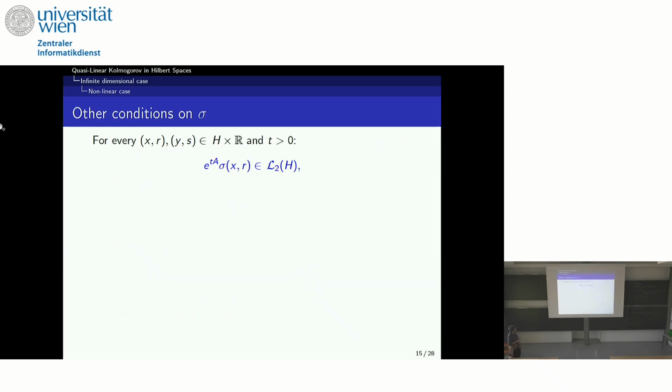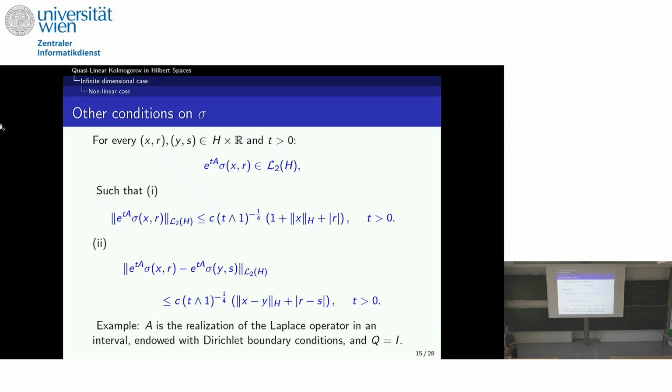Moreover, we ask on sigma not only the particular shape of sigma star, but also this regularity: if you apply the semigroup, you need this regularity to give meaning to the stochastic integral. And also, you have this kind of blow up here in the growth and also in the Lipschitz condition that allows you to integrate easily.